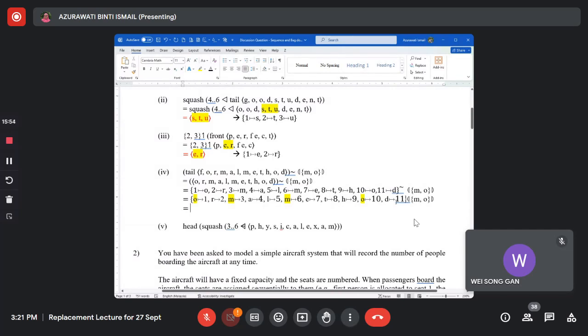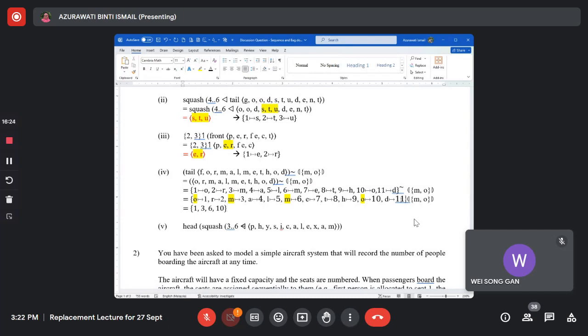But for the last answer, remember, when we do the relational image, we will get only the range data. The last answer will be range data only, and this is not a sequence, so make sure that you use curly brackets. The answer will be 1, 3, 6, and 10.